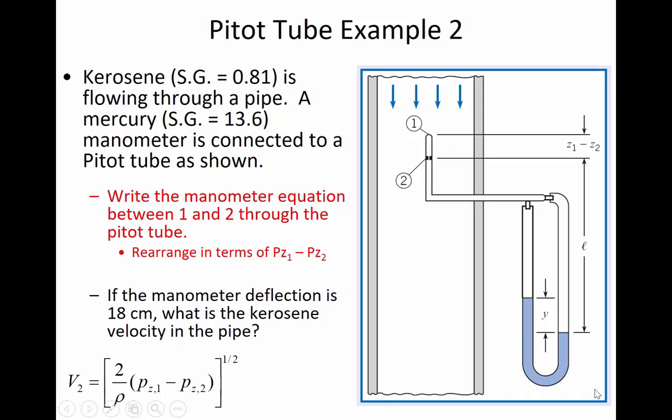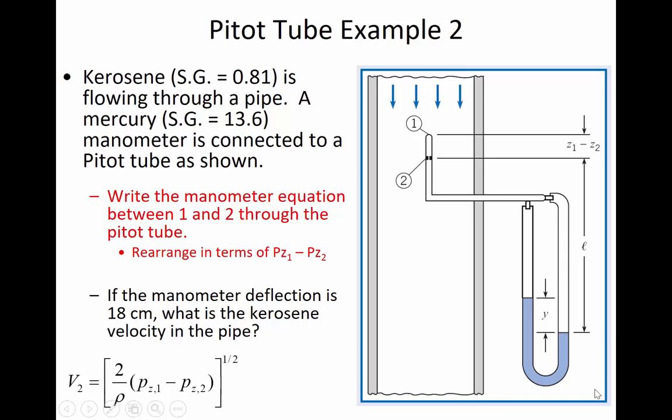We're going down some distance through some fluid. Here the two fluids are kerosene, which is flowing through the pipe, and this bluish fluid, which looks like mercury, which is far more dense. Okay, so we have some pressure at 1 plus the gamma of kerosene.